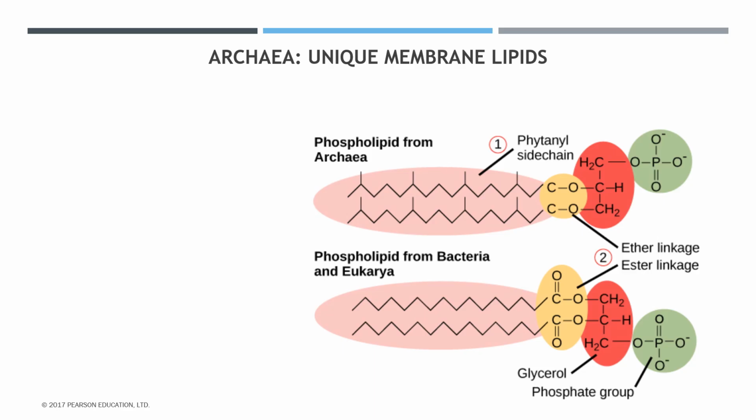So here the answer is that archaea has unique membrane lipids, and here you can see two differences. Here you have the diagram of the phospholipid of archaea, and here the phospholipid of bacteria and eukaryotes. If you see the second group, the bacteria and eukaryotes membrane lipids are similar, and the archaea are different.